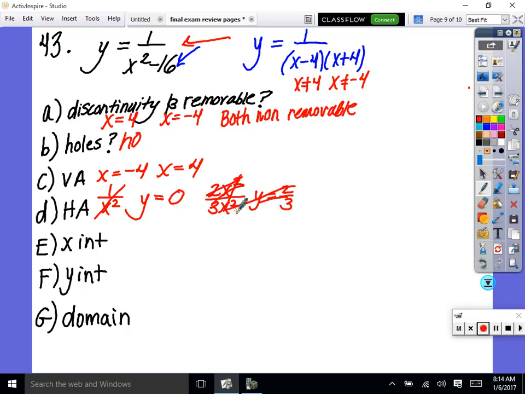So our x-intercept is when y equals 0. I'm going to put 0 here instead of y and use algebra to solve. So we have x minus 4 and x plus 4. Solving for x, we would get a common denominator, so we'd multiply by x plus 4, x minus 4.